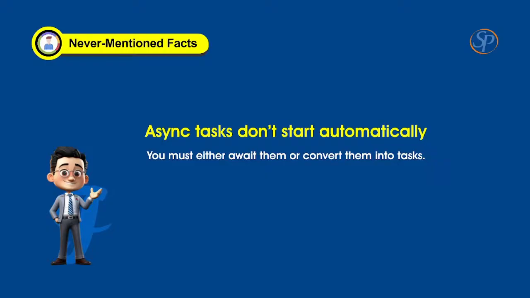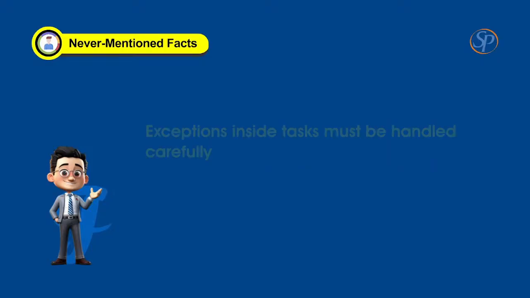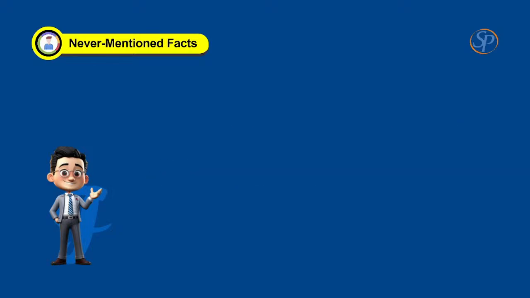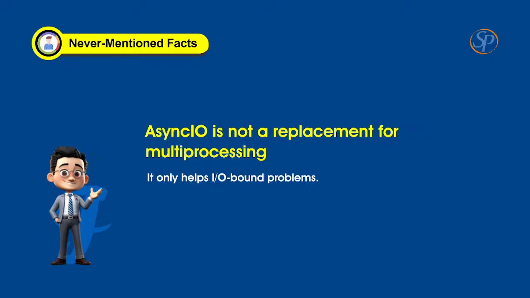You must either await them or convert them into tasks. Exceptions inside tasks must be handled carefully, otherwise errors can be invisible. Async I/O is not a replacement for multiprocessing. It only helps input-output bound problems. These points help you understand async at a deeper level.